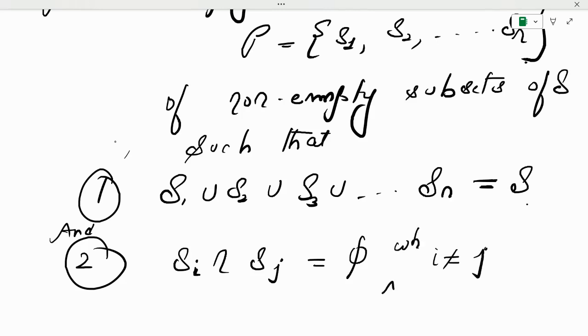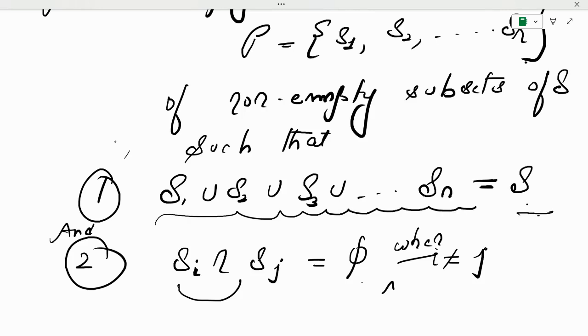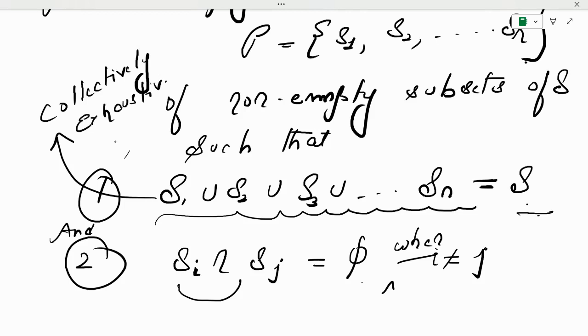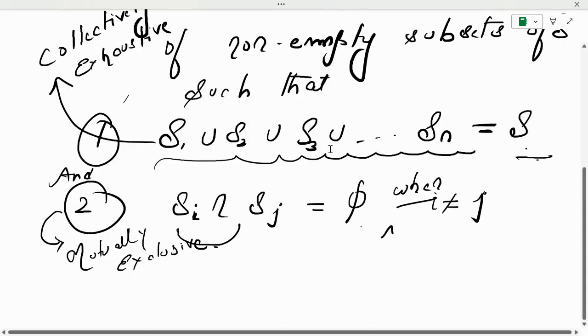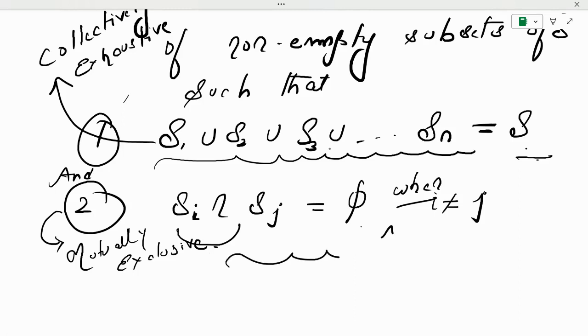So if we are taking their union, we get the original set. This union part is called collectively exhaustive, and this part is known as mutually exclusive.